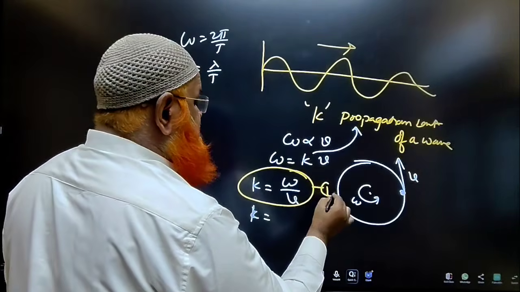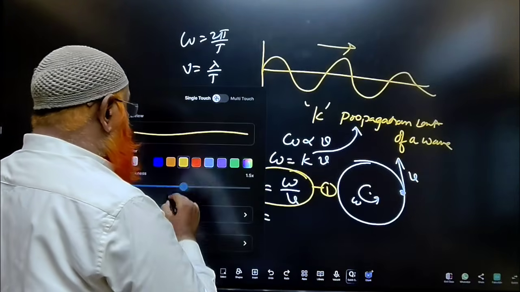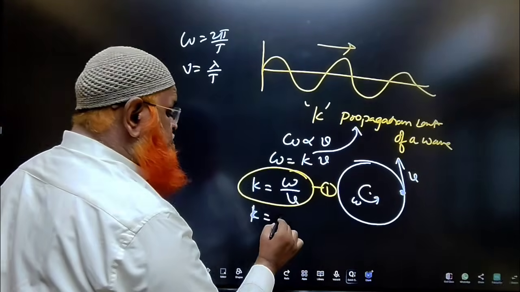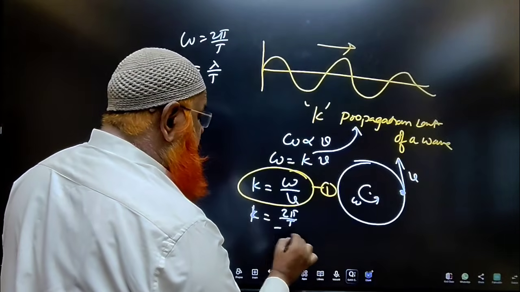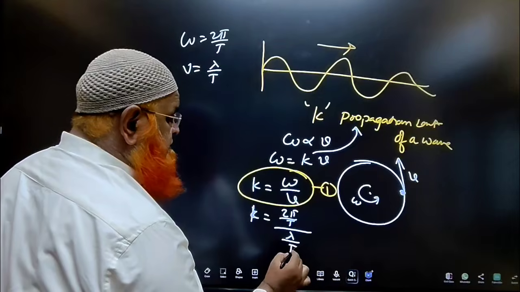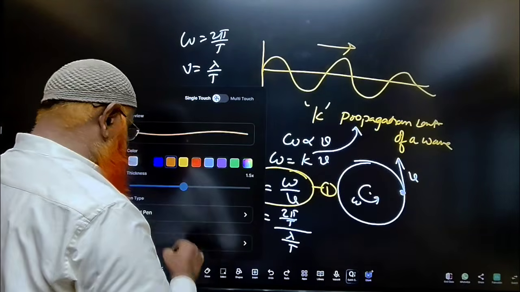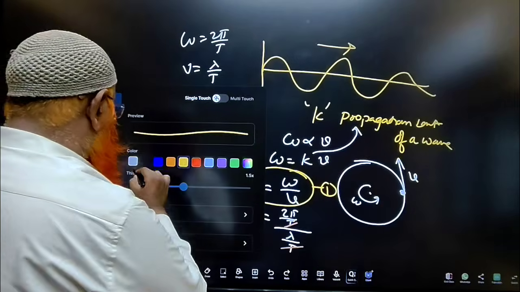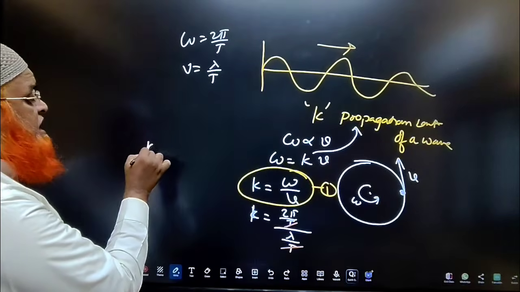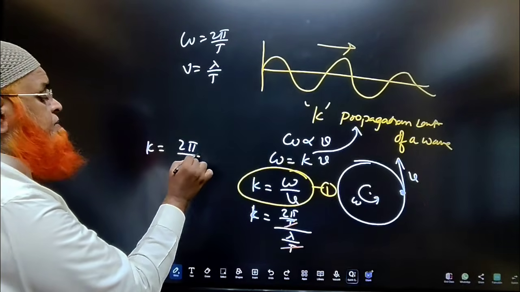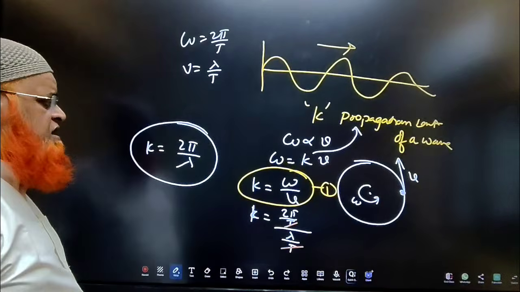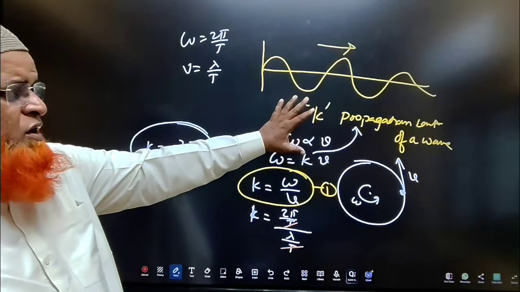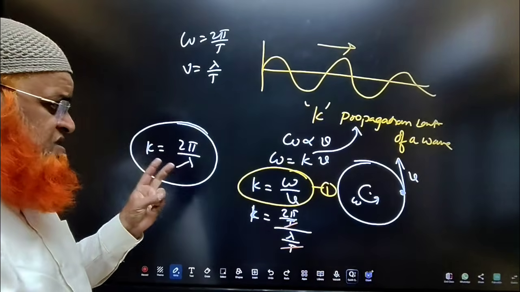Instead of ω, I will write 2π/T, and instead of velocity, I will write λ/T. Just see, T gets cancelled. So k is nothing but 2π/λ, which is the second formula for the propagation constant of a wave. Understood? So this is the story of the propagation constant of a wave, which has two formulas.